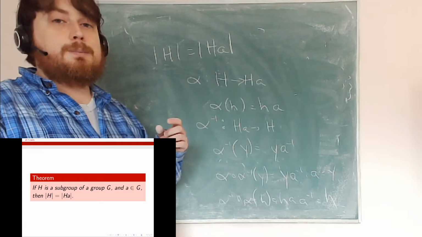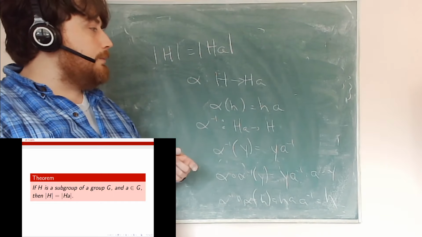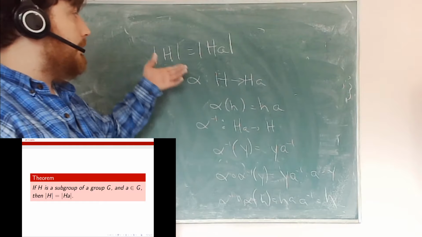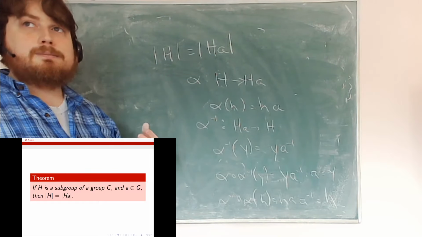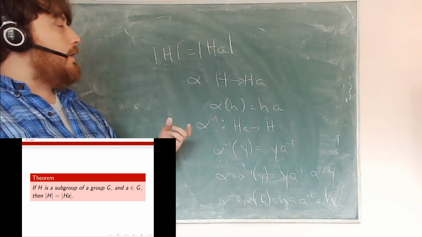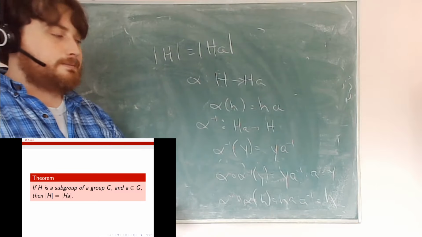So these are inverse mappings, which means that this is an invertible mapping. And since it is invertible, it is a bijective mapping. It's one-to-one and onto, which therefore means that the cardinalities of these two sets have to be exactly the same. Therefore, since A was arbitrary, all of the right cosets will have exactly the same cardinality.